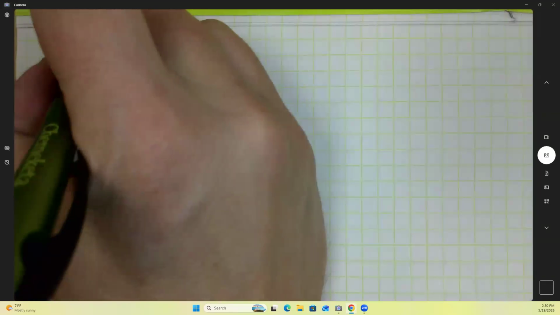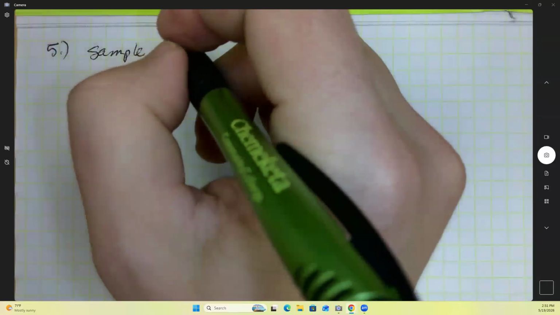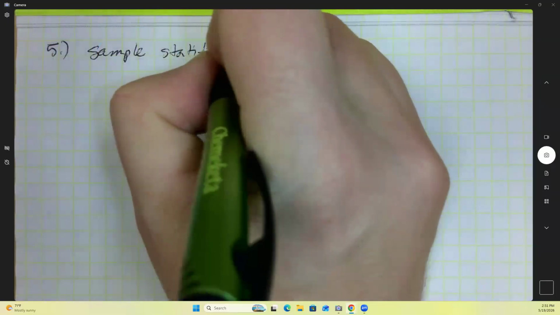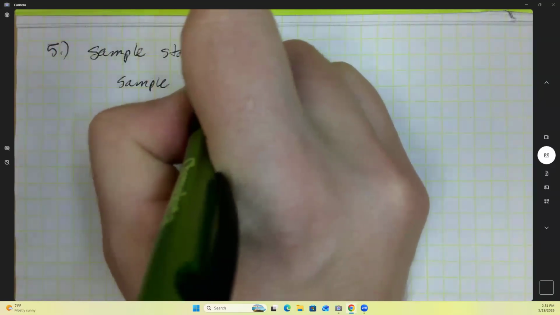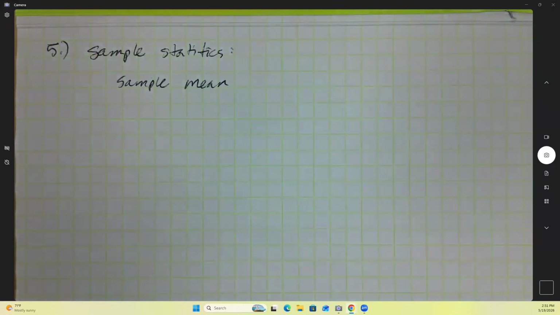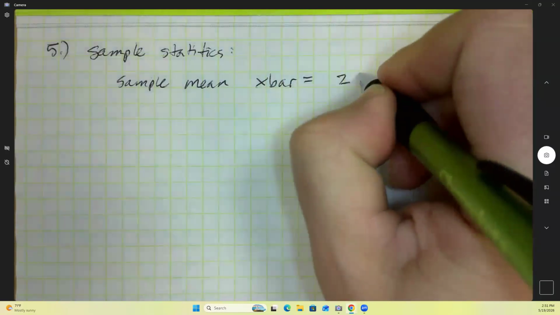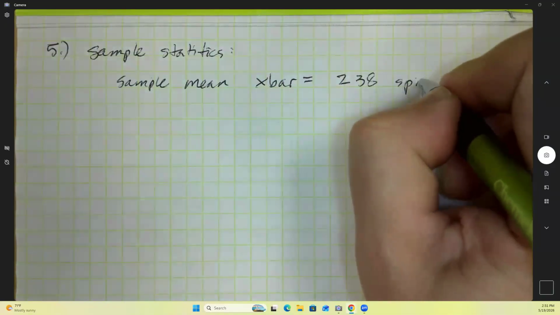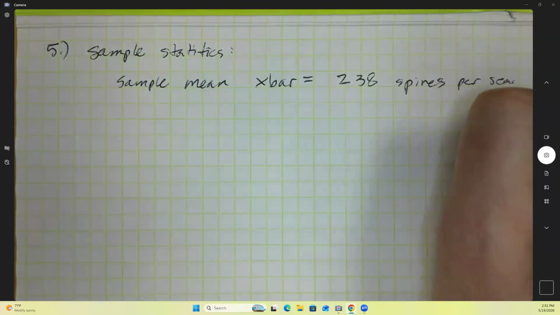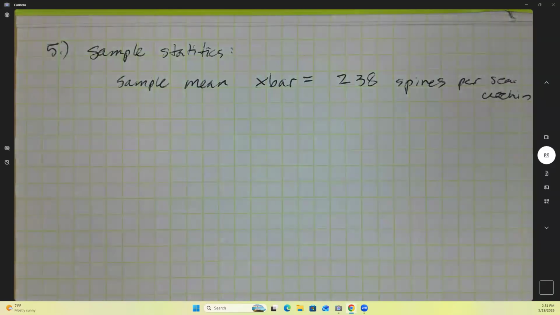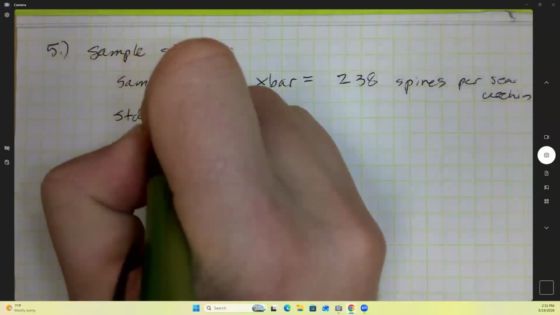What's next? Now we compute some sample statistics. In this case, since our hypothesis test is about a mean, we want to know the sample mean. So out of the 32 urchins, we found the sample mean X bar was 238 spines per sea urchin. And because we're going to use a central limit theorem, we want the standard deviation.